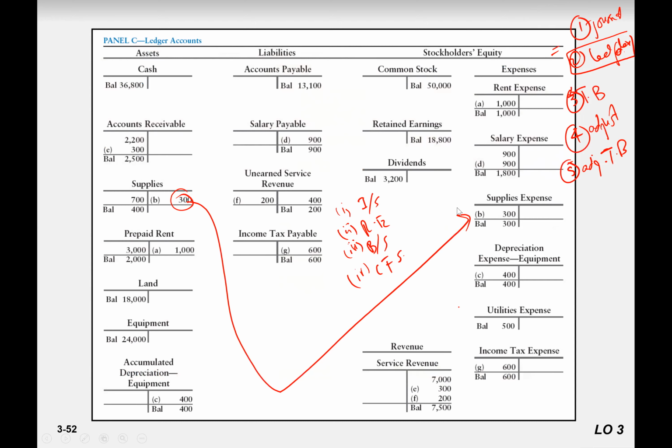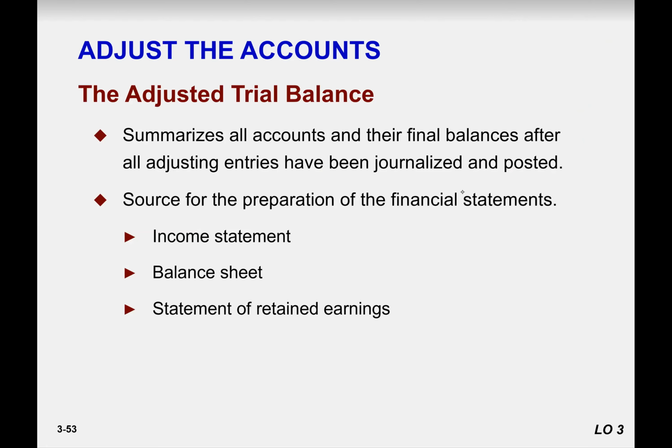So you see we have salaries expense here, supplies expense now closed down. So these are all the adjustment entries, right? The adjusted trial balance is made right after posting the adjustments. It summarizes all accounts and their final balances after all the adjustments at the end of the entries.